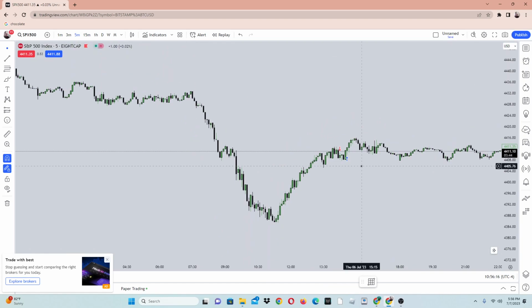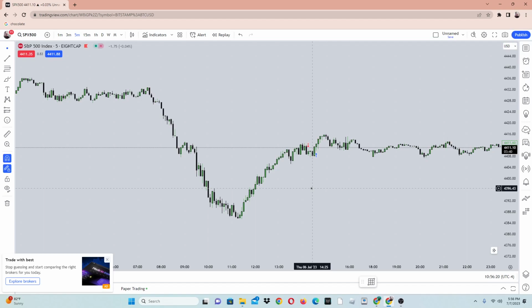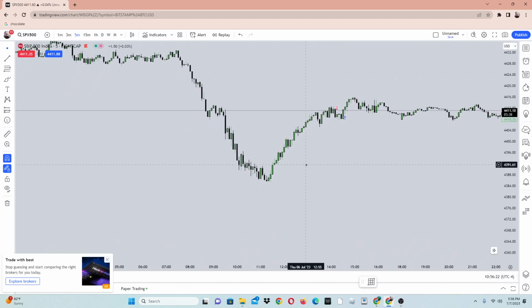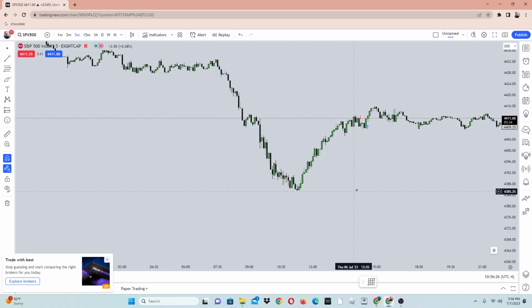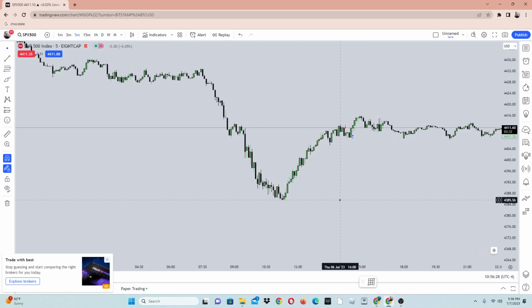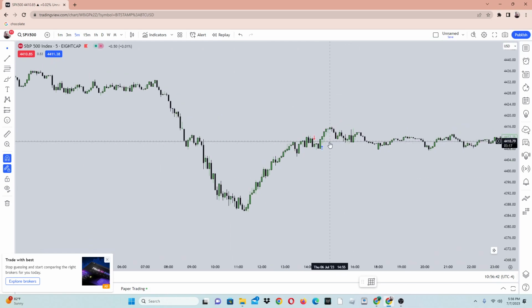So I will not just make a rule that I will take just the PM session. I will be waiting for an opportunity to enter the trade. Okay, so it may be the AM session, it may be the lunch macro 11:50 to 12 PM, it may be the PM session, it may be the PM macro.